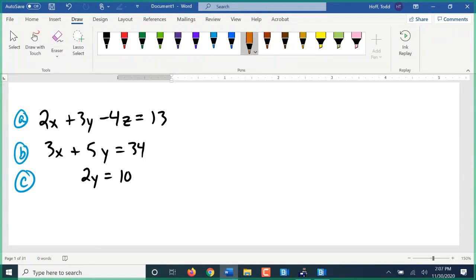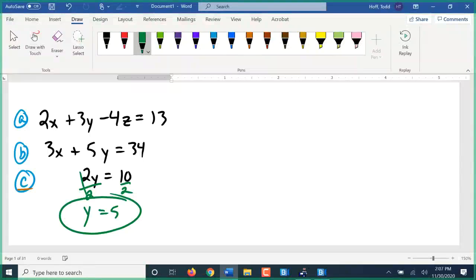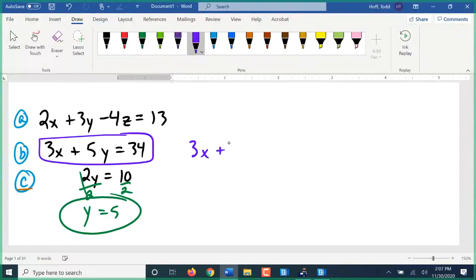Because equation C is already only one variable. I can solve that for y by simply dividing by 2. y equals 5. I already have one of my variables. Then I can go to equation B with that. 3x plus 5y, well, that's 3x plus 5 times 5 equals 34.